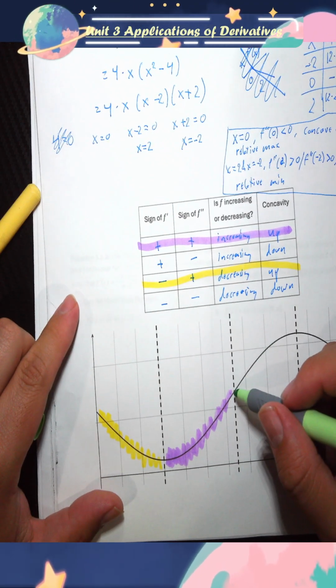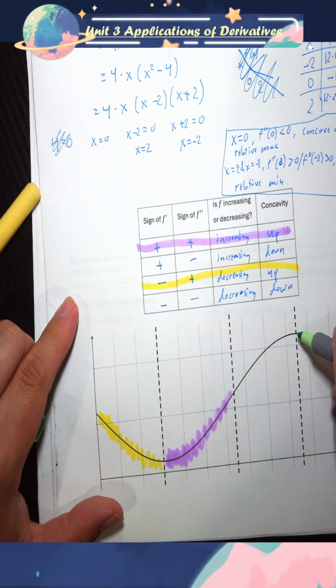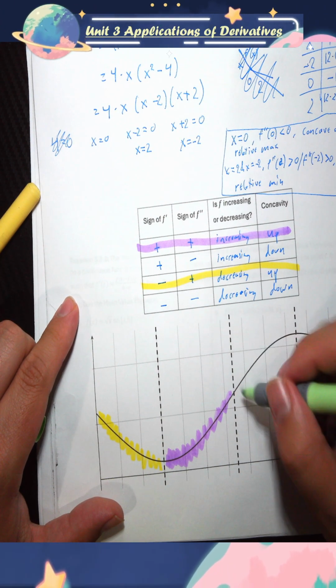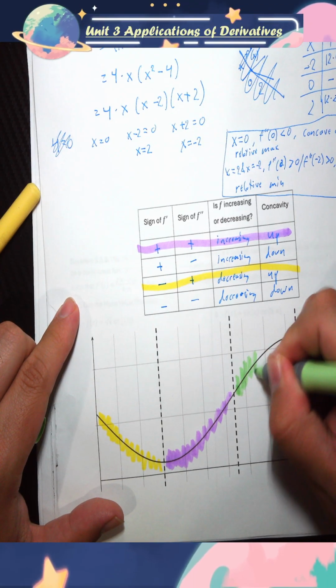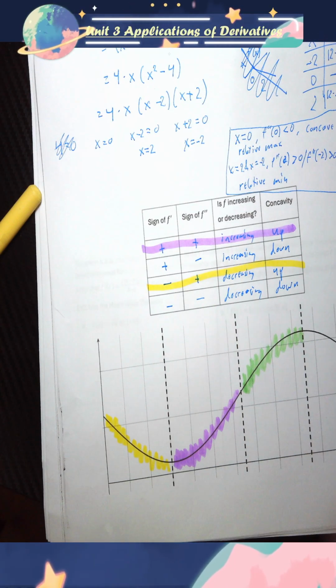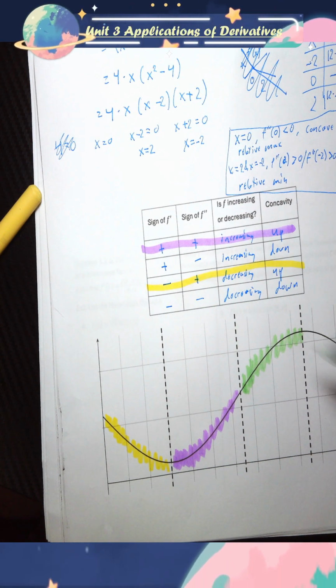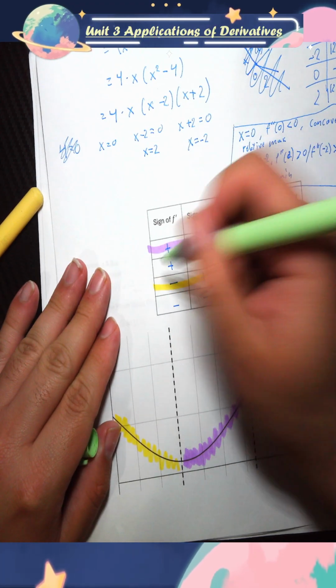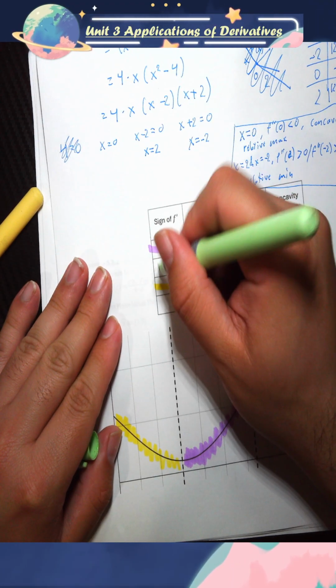Then over here we have a positive slope, but we notice that it's steadily going down. So the function is steadily going down. Even though f of x is increasing, we know that it's trending downward. So it's going to be over here.